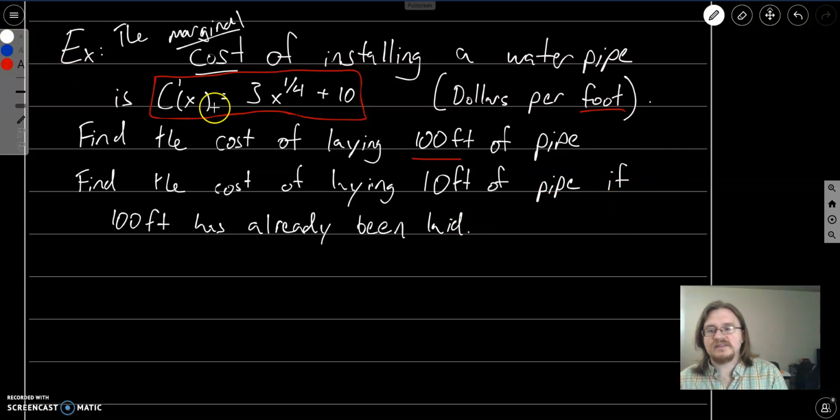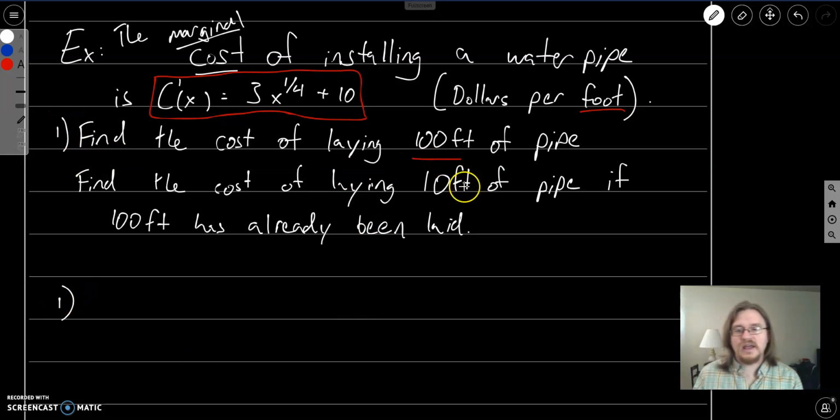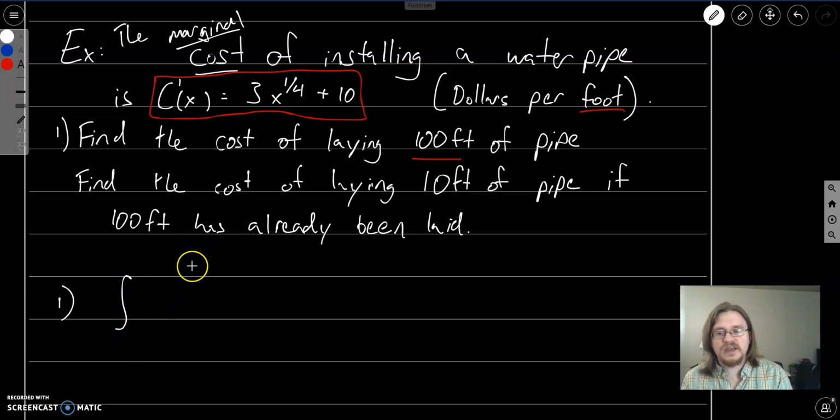So we're going to have to take an integral, because we have dollars per foot and we want to multiply by feet. If this was part one, how much water pipe are we going to be laying? We're going to be laying 100 feet of it, so we start at 0 feet and go up to 100 feet.